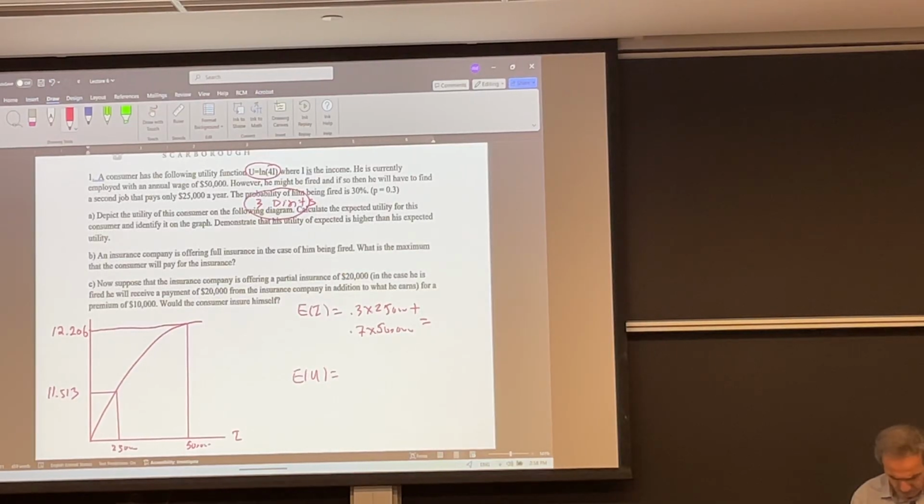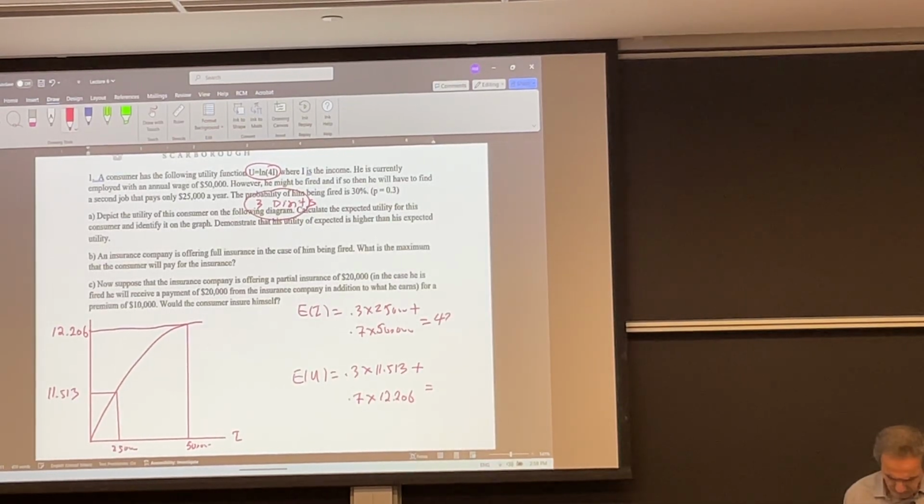So get me that number, then get me this one. What's the expected income? What's the expected utility? Expected income, I think it's 42,500. That I can figure out. But what about the expected utility? Is it 11 point?